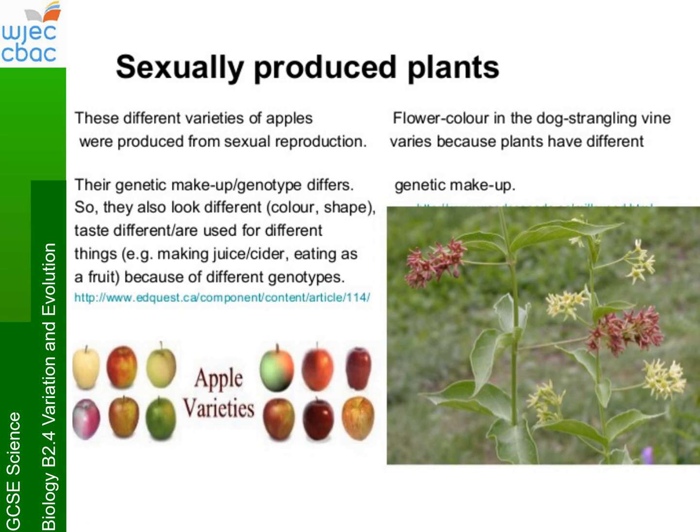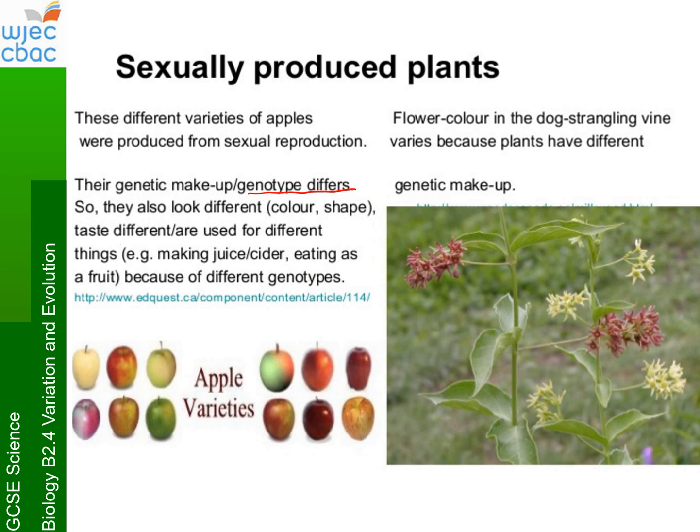If we start looking at our sexually produced plants, so we've got apple blossom and different apple varieties, okay, that we've got here, and we've got this particular plant is called a dog strangling vine, okay, a very, very unusual name for it. So these different varieties of apples were produced from sexual reproduction. Their genetic makeup, their genotype is different, and they also look different, so their phenotype is different. So their phenotype is different because of the different genotypes.